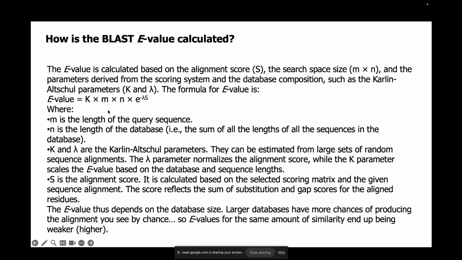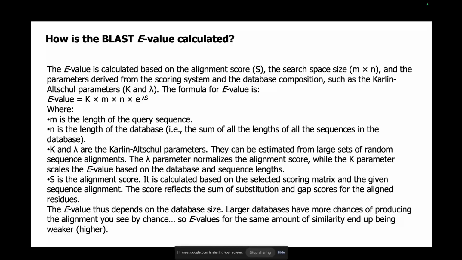It's a simple formula where basically E = kmn e to the power negative lambda s. So k and lambda are your parameters, called Karlin parameters. These parameters are derived from larger data sets.